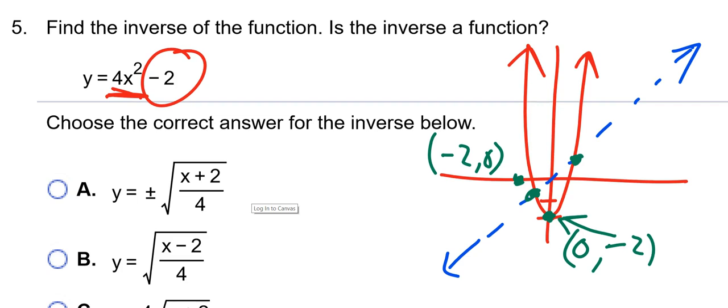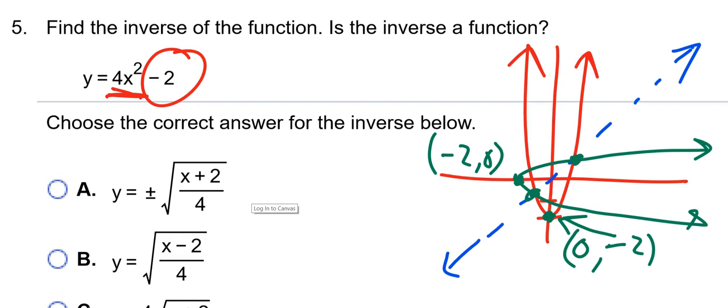So what's the shape going to look like? You've got the 2 points that aren't moving, right? And you knew that the vertex was at -2, 0, so you just basically connect the dots and make that shape across the line y equals x.